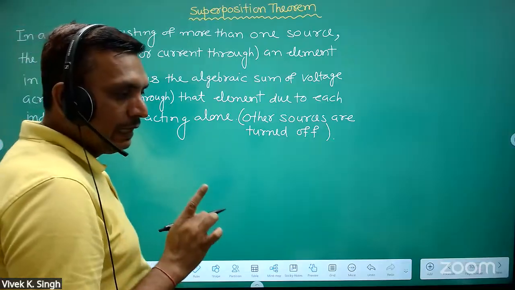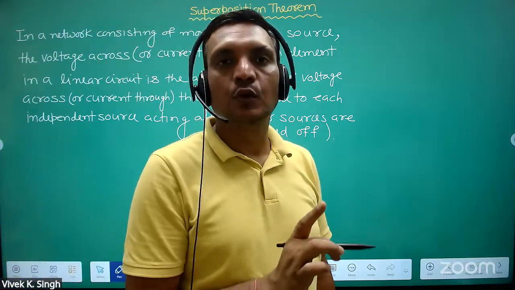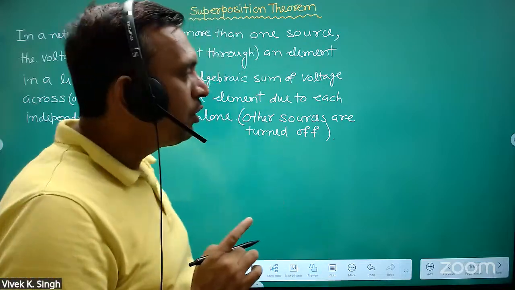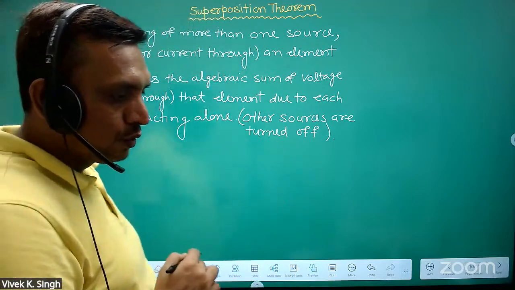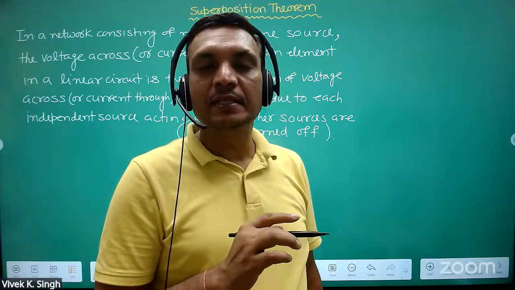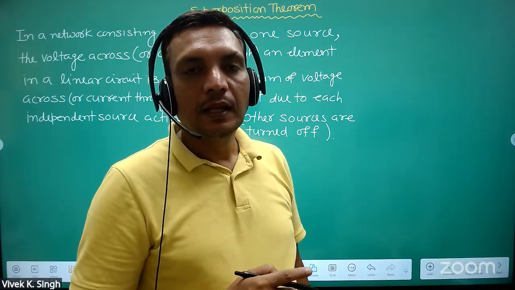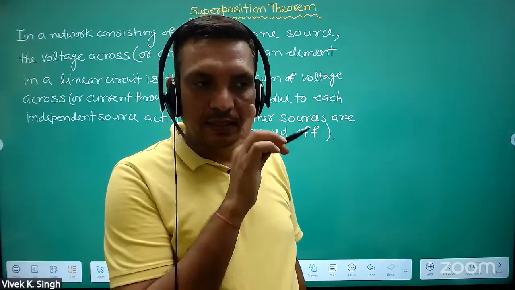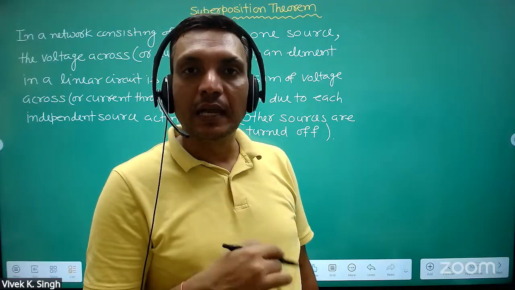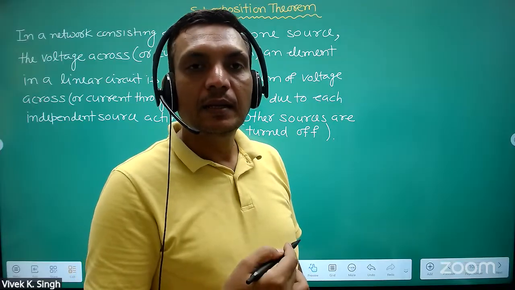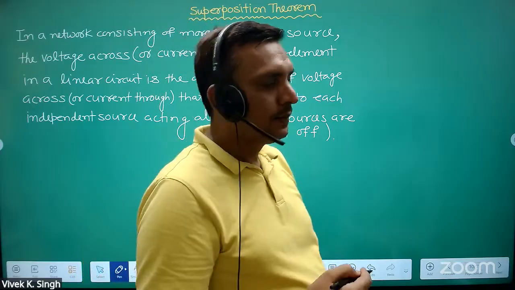It means at a time you have to consider only one source and other sources turned off. Turned off means if you have a voltage source, that is replaced by its ideal internal resistance, and if you have a current source, that is replaced by its ideal parallel internal resistance.